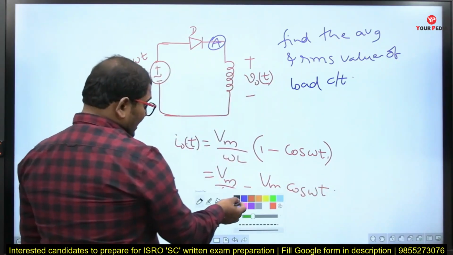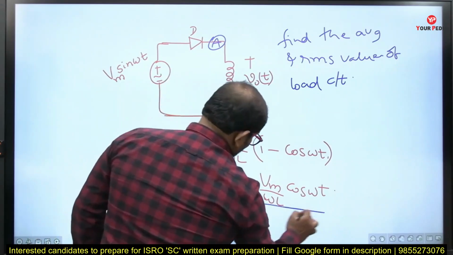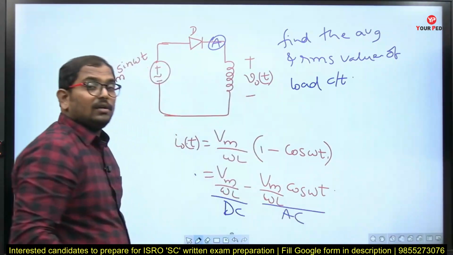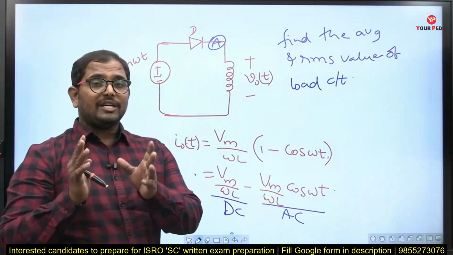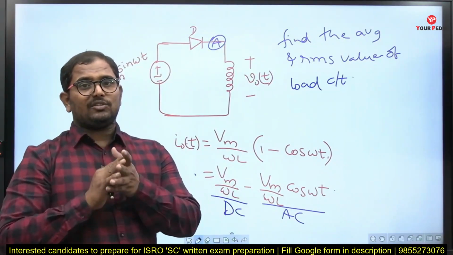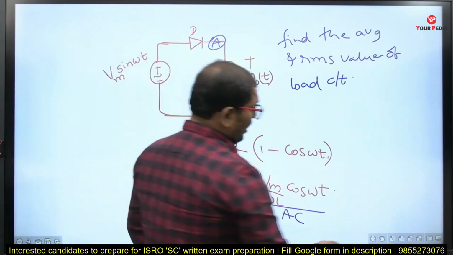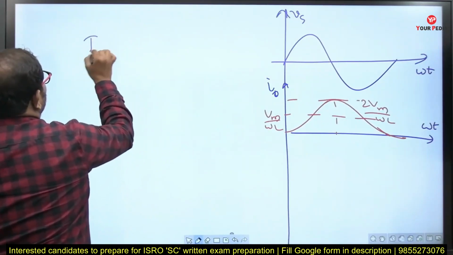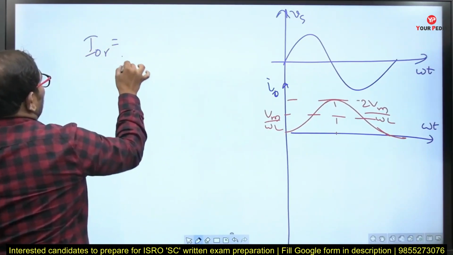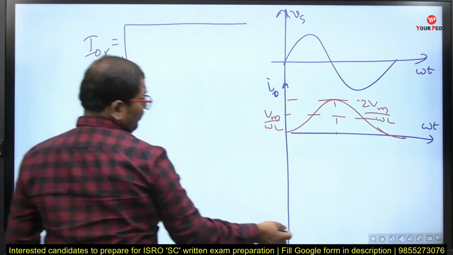Now this current is a combination of a DC component along with an AC component. If you have multiple components, the best method to calculate the RMS value is by using the root mean square. So the load current RMS value is equal to the square root of the mean square. What is the first component?